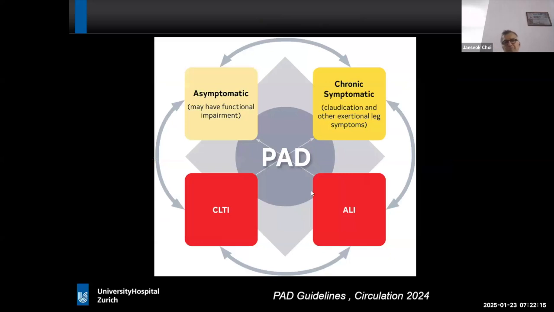This, for example, that patient we had now kind of fits into the slides, and sometimes it's not that easy to make the difference between acute limb ischemia and chronic limb ischemia. Any acute one, like the patient we have, eventually will turn to chronic stage.